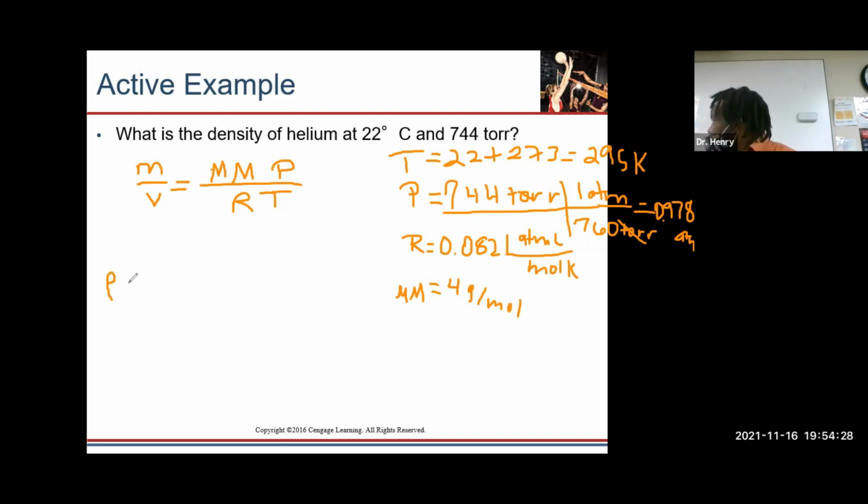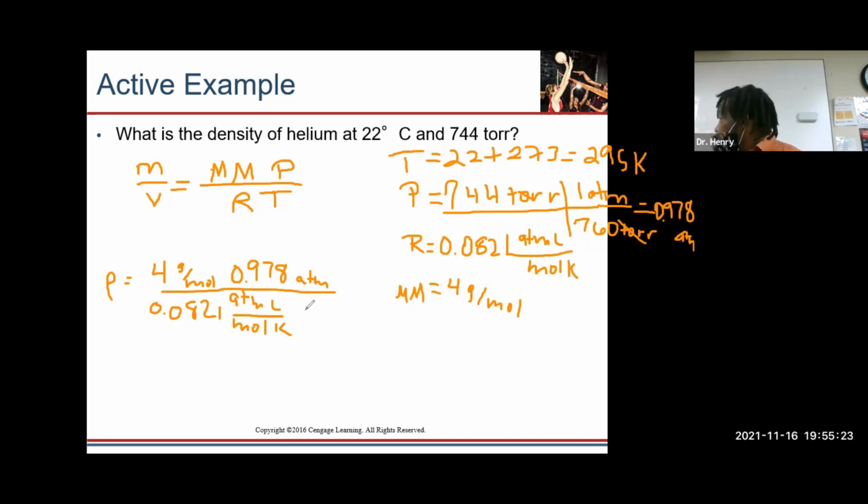So we get density, which we use rho for, equals 4 grams per mole, times the pressure, which is 0.978 ATM, divided by R, which is 0.0821 ATM liters per mole Kelvin, times 295.